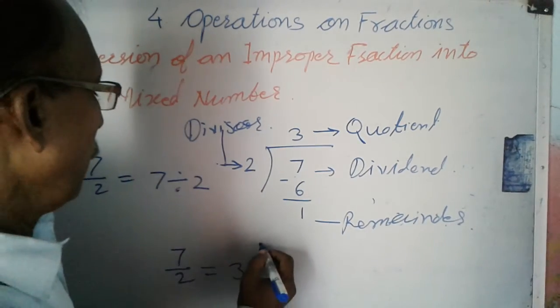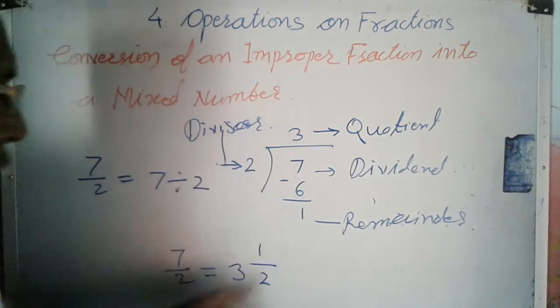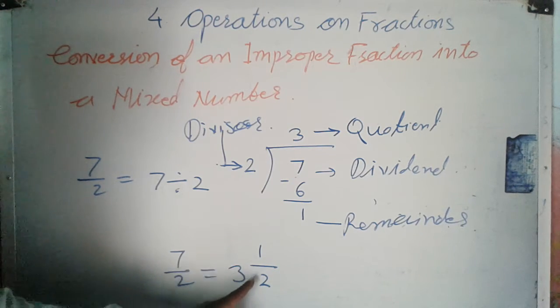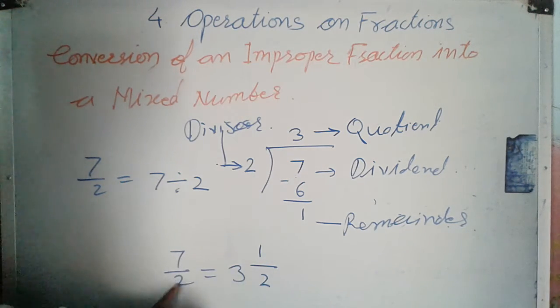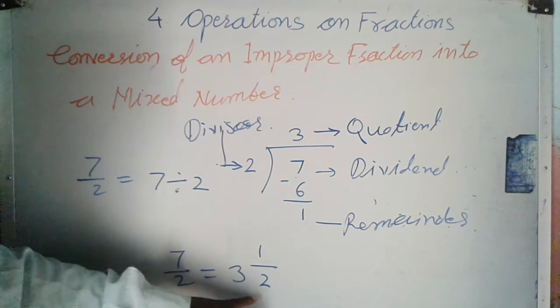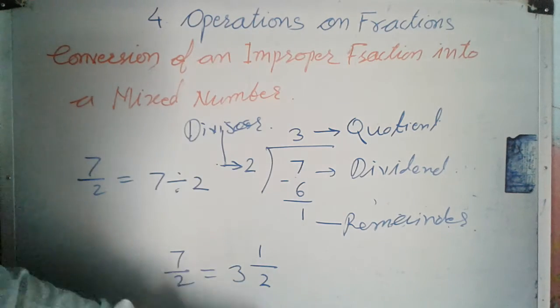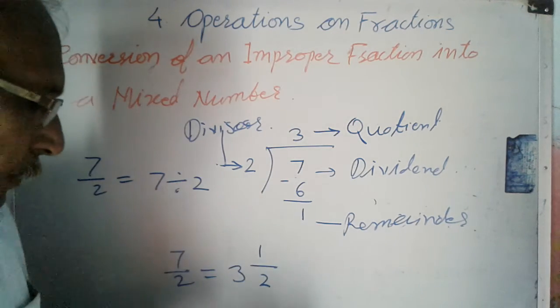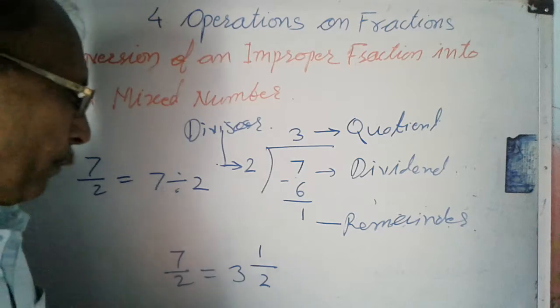That means 1 upon 2, that is the remainder upon the divisor. This is the quotient, this is the remainder, this is the divisor. This is called a mixed number. The value is the same. This is called a mixed fraction or mixed number. In this way, you can convert to a mixed number.